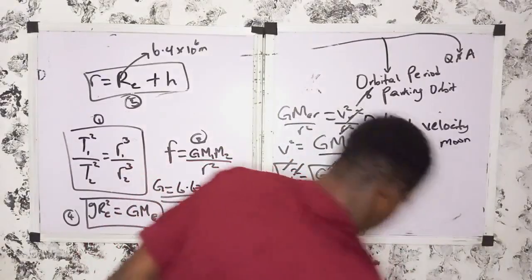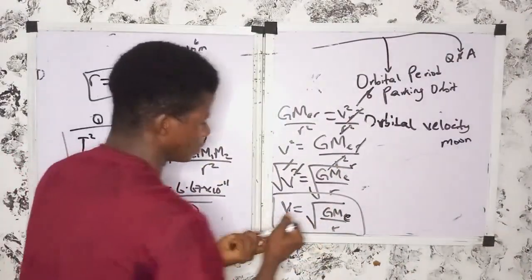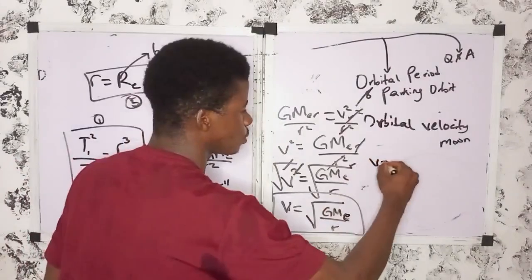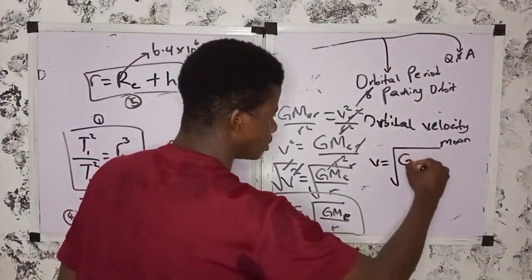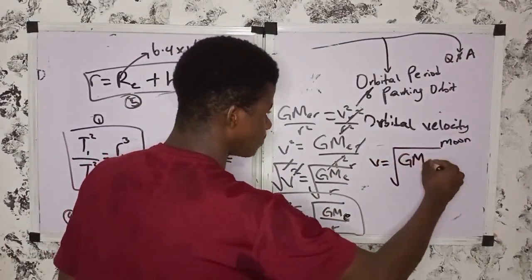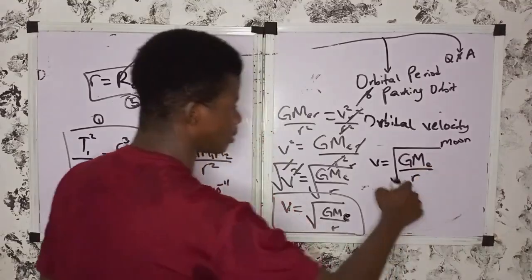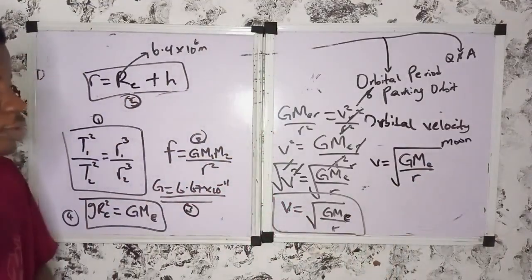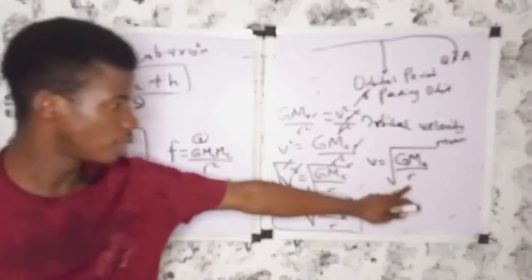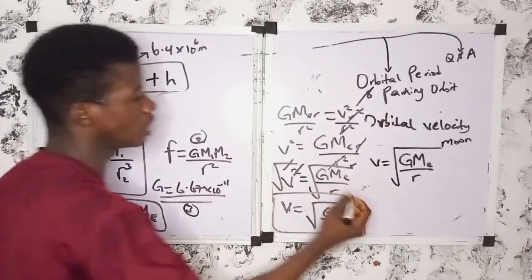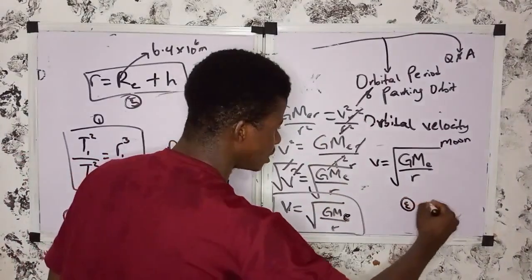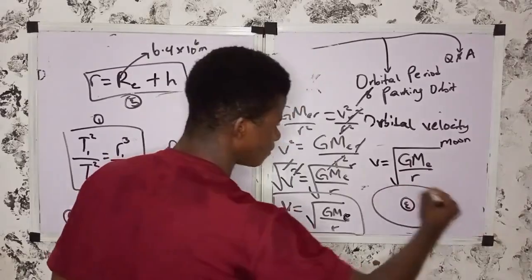There's something I want to tell you guys. If you look at it, v is equal to the square root of the gravitational constant times the mass of the Earth all over r. Remember, this is the Earth, and this is the object revolving around the Earth.